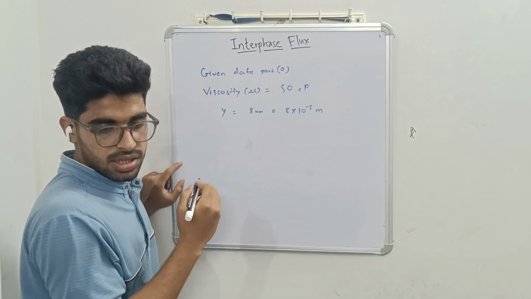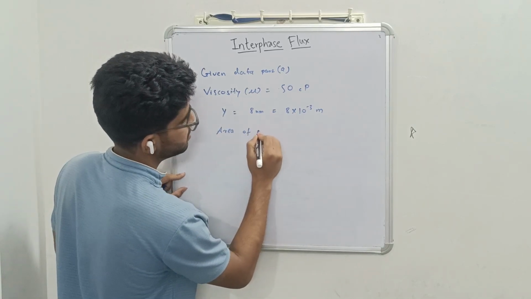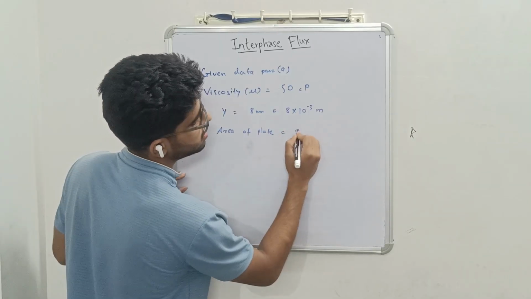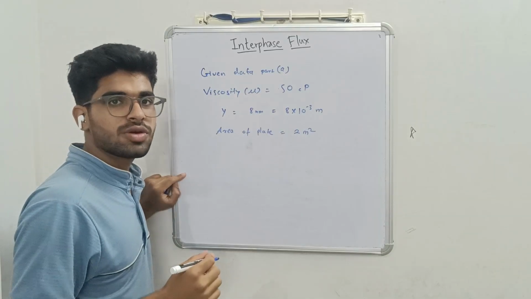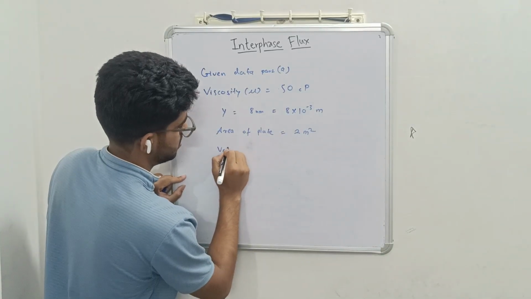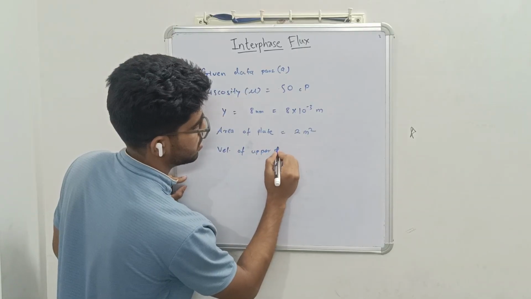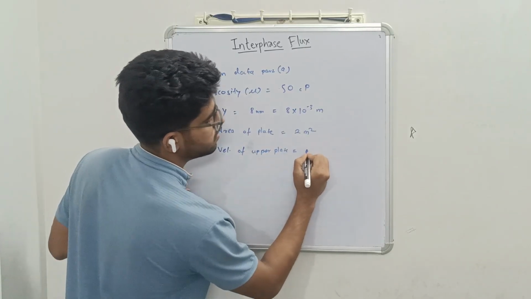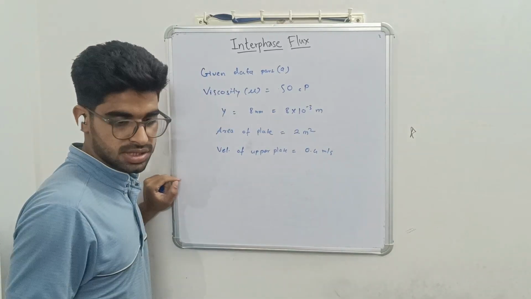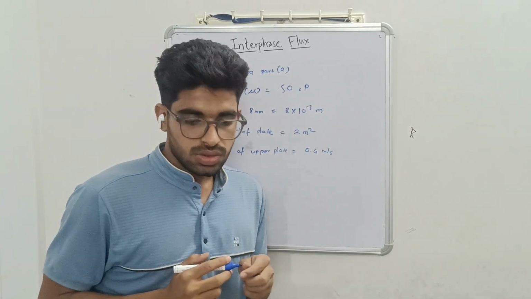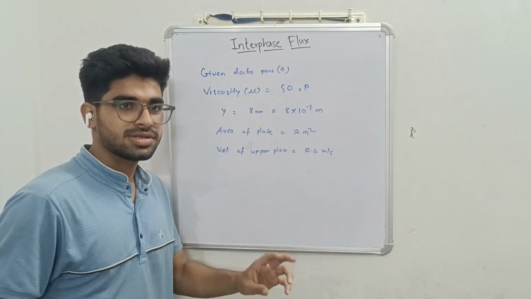The next one is the area of plate, which is 2 meter square, and the velocity of the upper plate is 0.4 meter per second, and the lower plate is kept stationary. So this is the classical Newtonian shear flow between parallel plates.